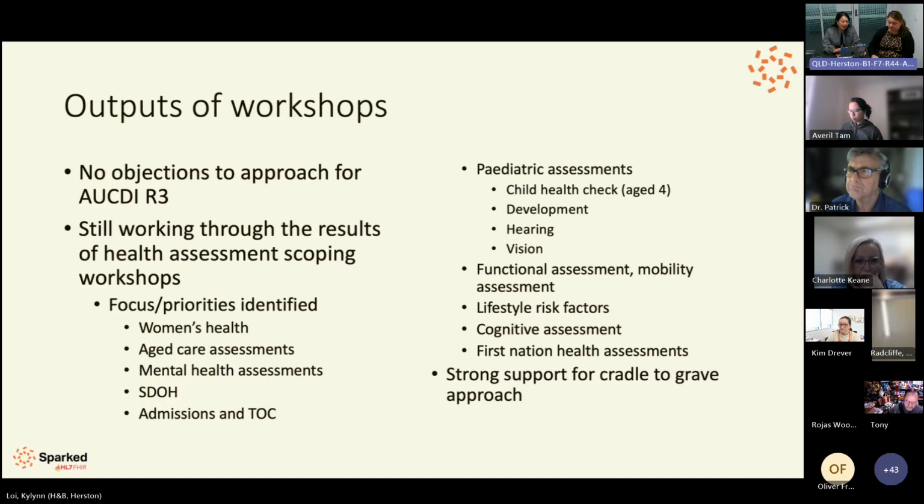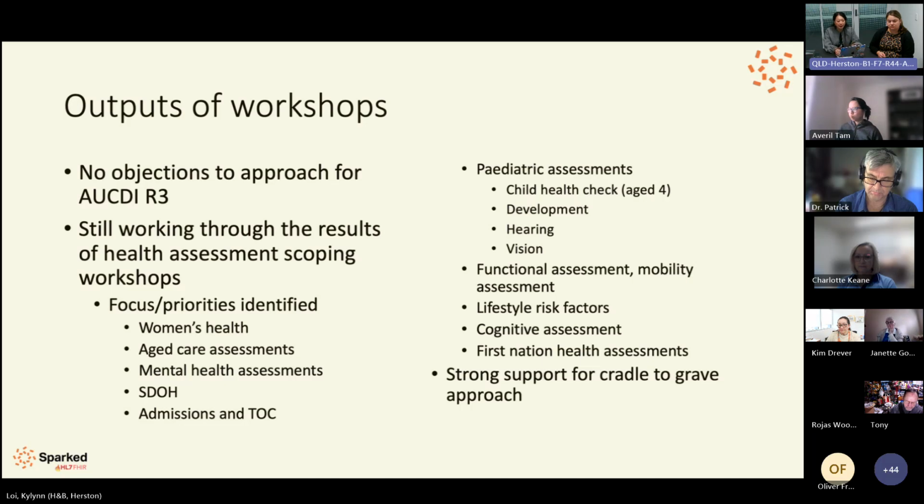We've only just started looking at the data that's come out of it. The things identified were quite wide-ranging, from women's health, aged care, mental health, social determinants of health. There was a whole focus around transitions of care, which really makes sense, looking at pediatric information, functional assessment, lifestyle risk factors, cognitive assessment, First Nations health assessment.